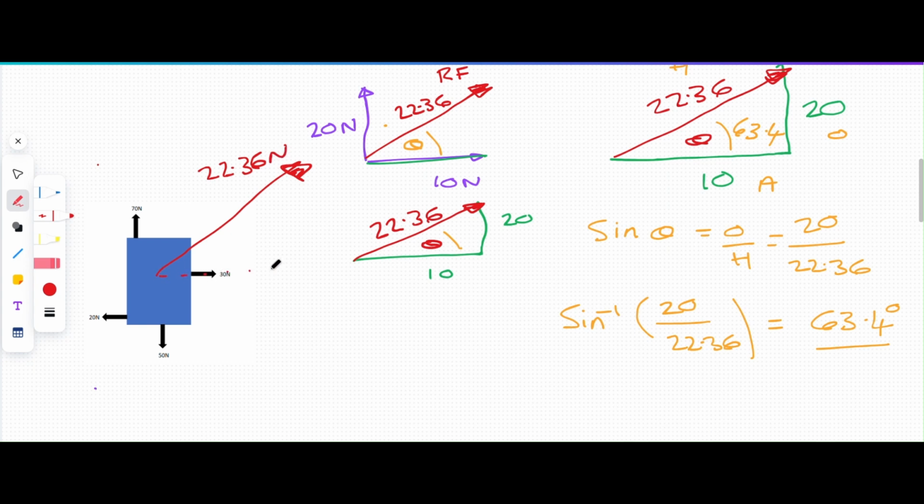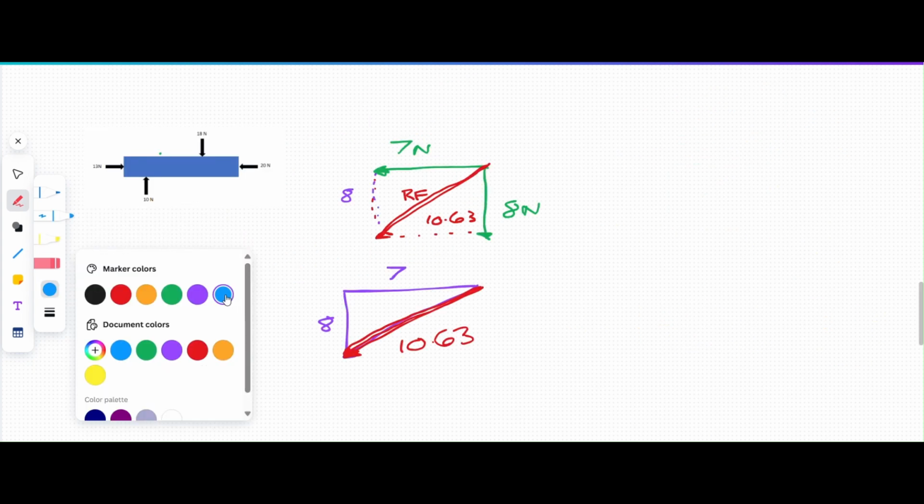And the angle in there, let's say, is 63.4. So again, we've got resultant force of 22.36 using Pythagoras, and we've got direction and angle using a bit of SOHCAHTOA, 63.4.